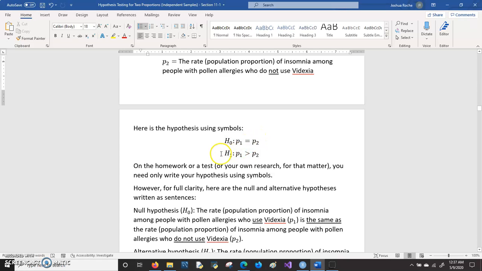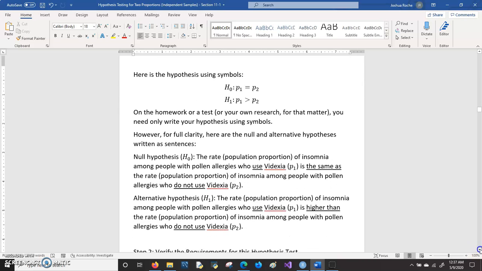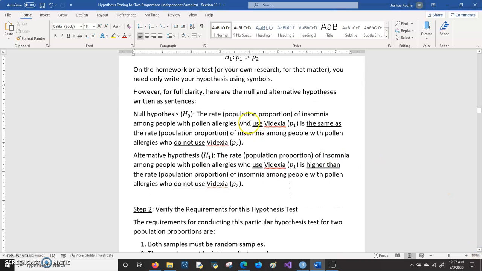And then the alternative hypothesis is that the rate of insomnia among Videxia users is greater than the rate of insomnia among non-users. So again, on a homework or test or in your own research, all that you have to do is write your hypothesis as symbols. But for clarity, below, I have written these hypotheses as sentences.